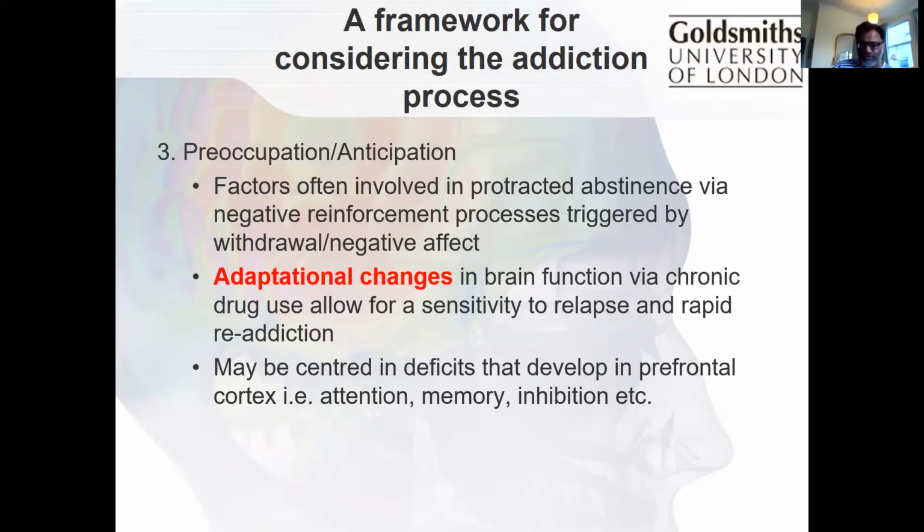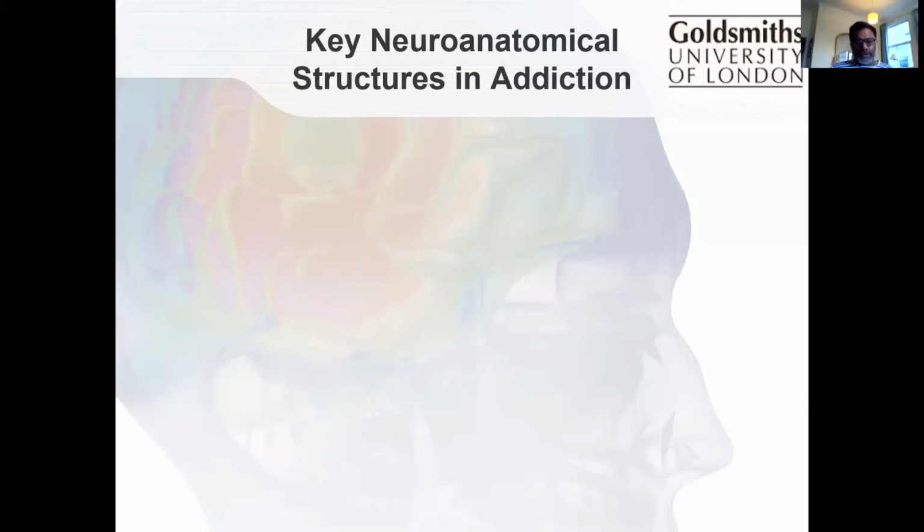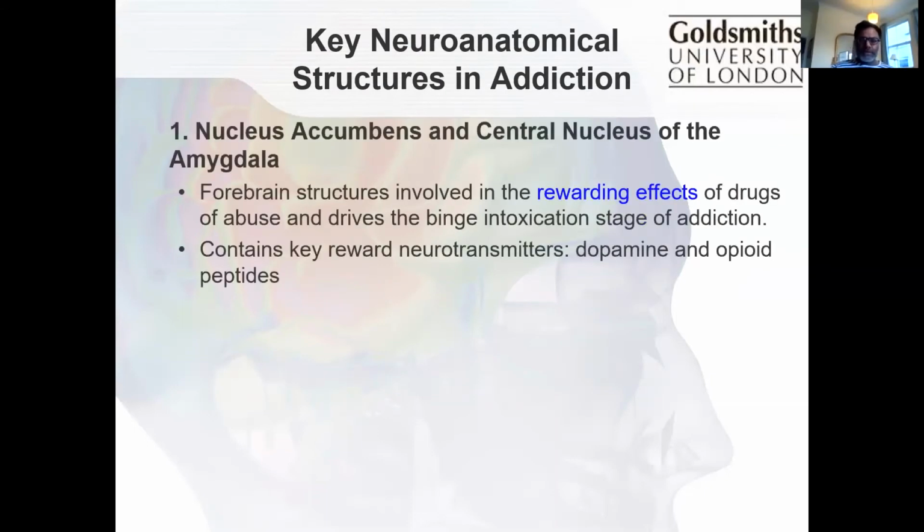So this third phase is to do with changes that are happening not in the dopaminergic pathways in the reward areas, but more about changes in the link between the reward pathways and the prefrontal cortex, which is basically about overall behavioral control. So looking at the key neuroanatomical structures, the first areas that we talked about were the nucleus accumbens and the central nucleus of the amygdala.